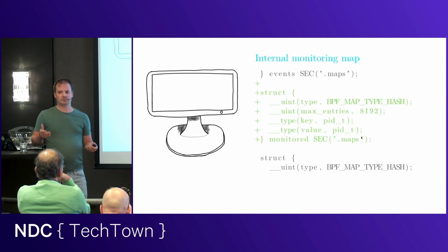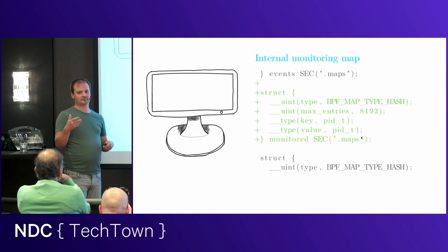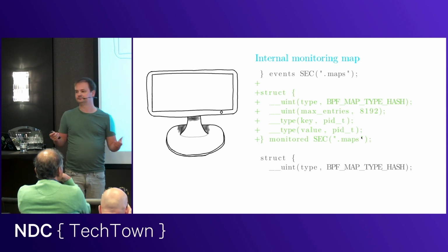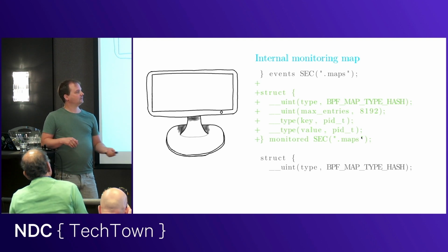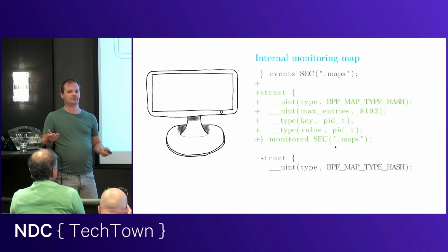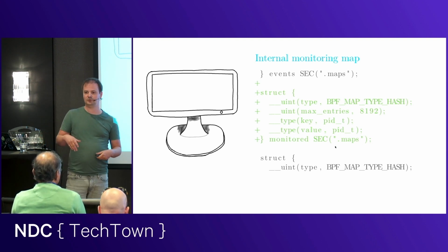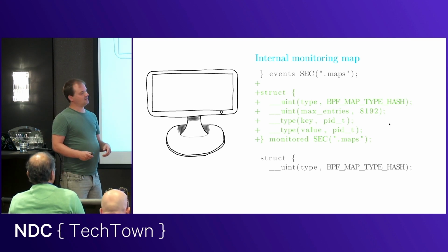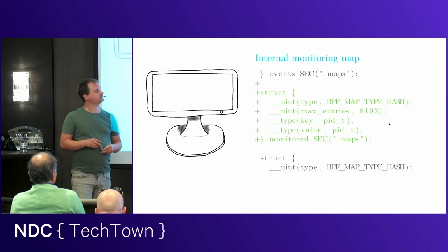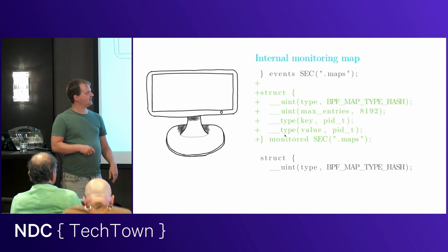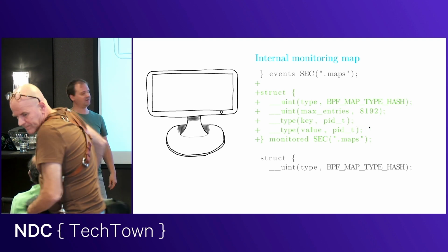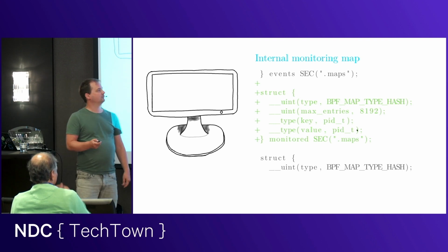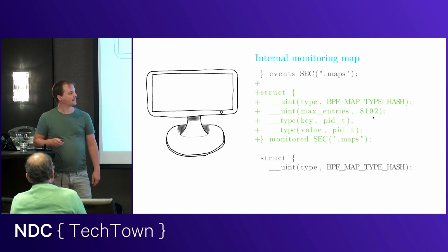If we want to make a map to communicate between two eBPF programs, you just make a new map. It's no different from when you want to communicate to user space. So in this case, I also make a map of type hash. This time the type of the key is a PID and the type of the value is a PID, and I keep 8K entries.